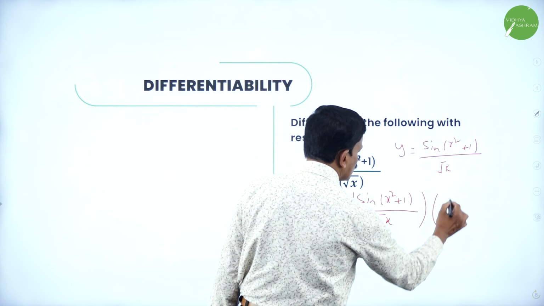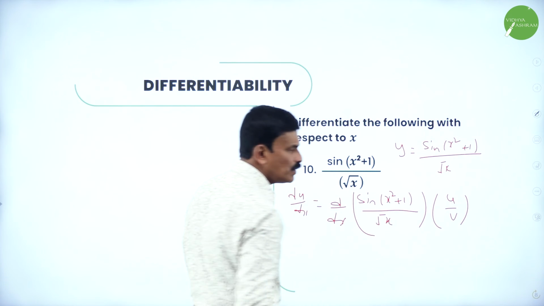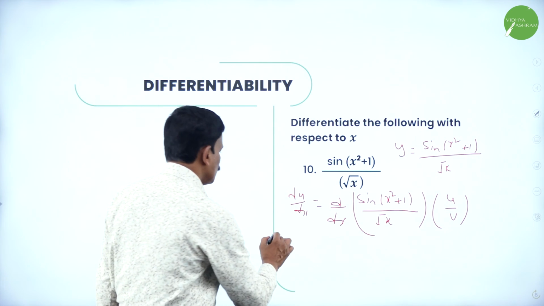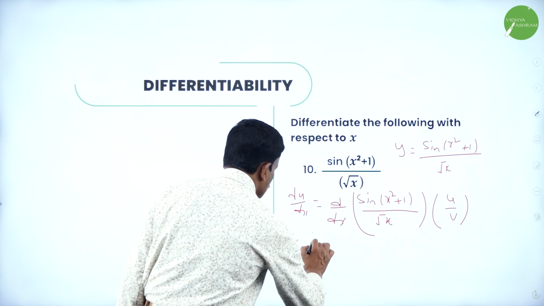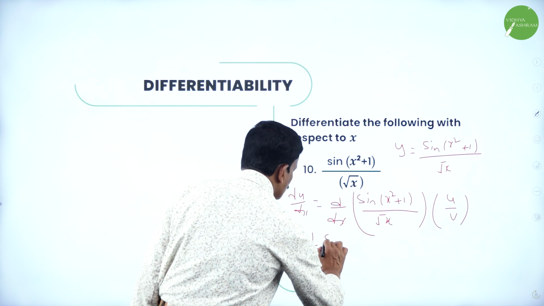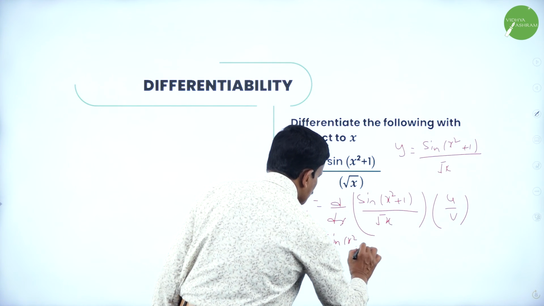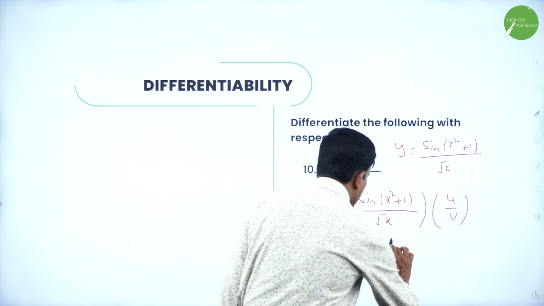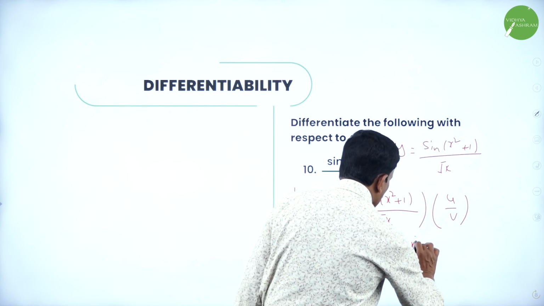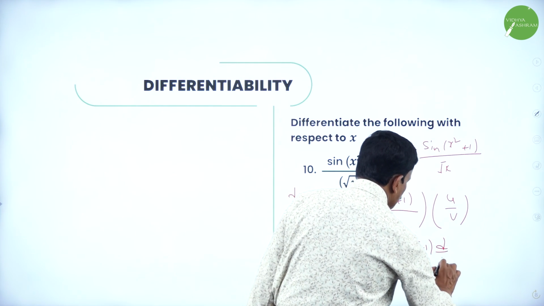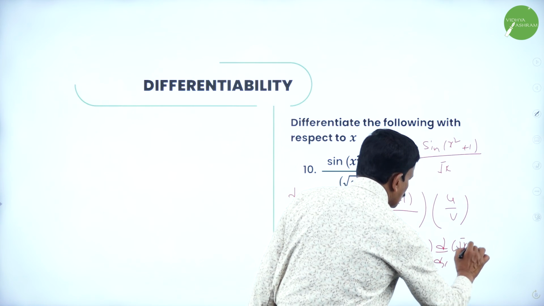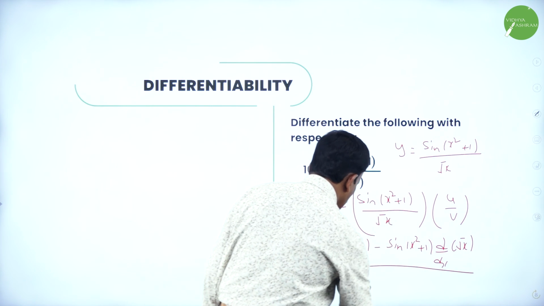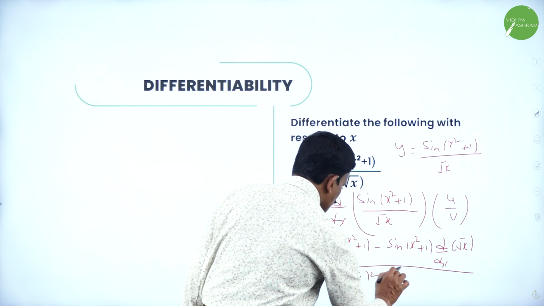Again this is also of the form u by v: denominator root x into d by dx of numerator sin of x square plus 1, minus numerator sin of x square plus 1 into d by dx of denominator root x, whole divided by denominator square.